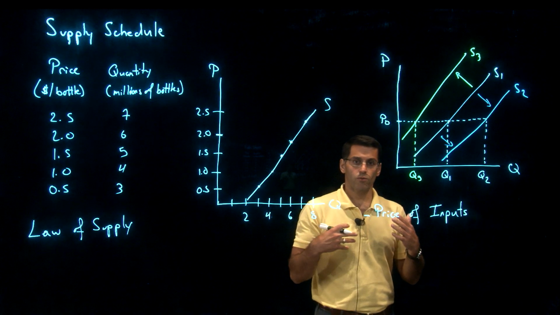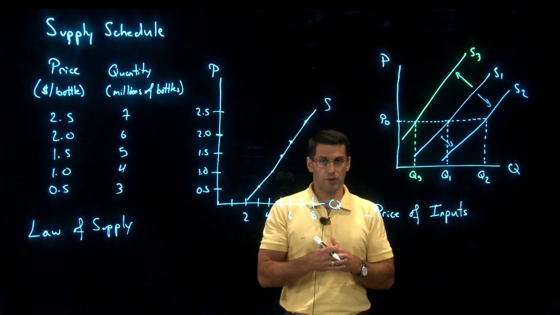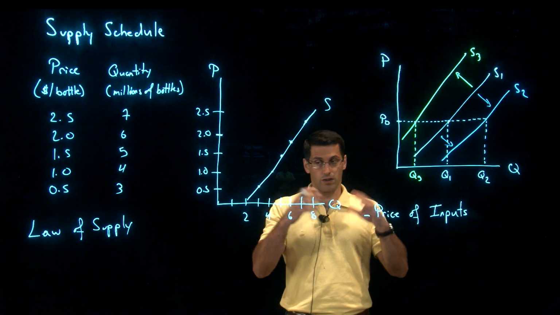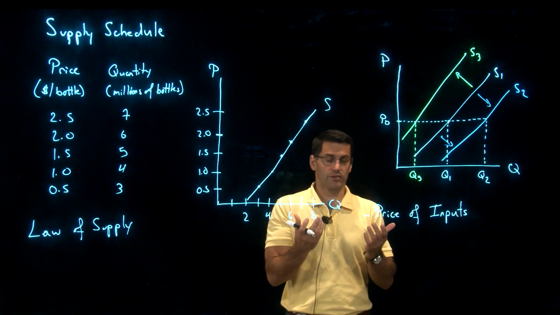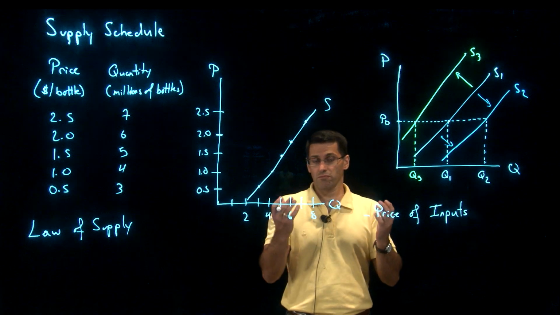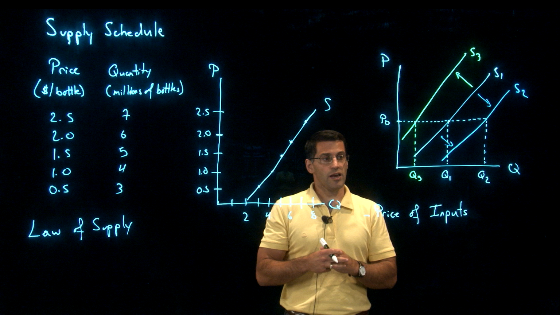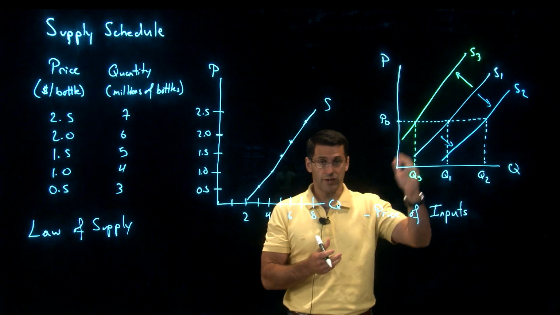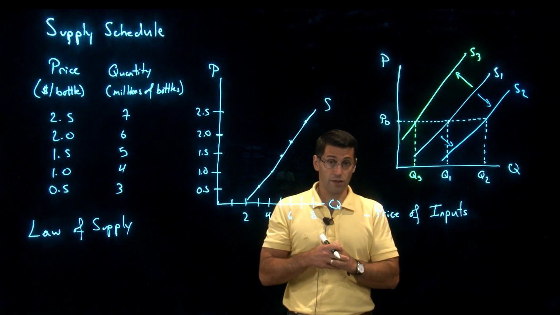So whenever we start talking about different types of changes, whether they might be changes that are just coming, what we say, exogenously into our analysis, so they just kind of happen, the firms have no control over it. It's not something the government's doing. In that case, we can think about how all those outside changes might affect, say, the price of inputs and then ultimately supply.